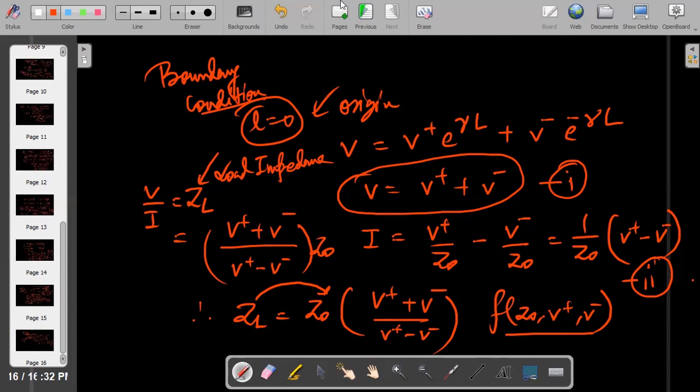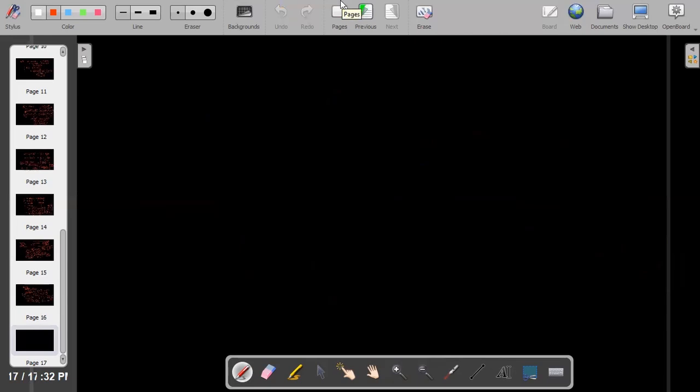Now again, I'm introducing some parameter. Same thing what we are doing: reflection coefficient. Today only I told. We are writing gamma L. This gamma L we are representing as V minus e to the power minus gamma L divided by V plus e to the power gamma L. Why is this ratio like that?